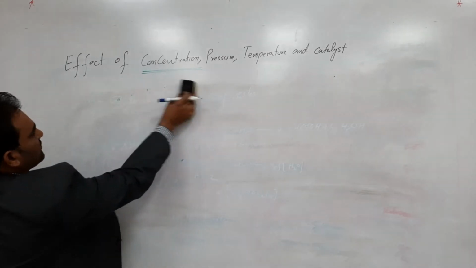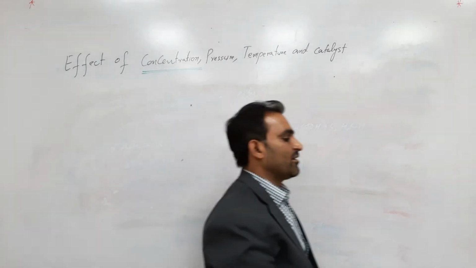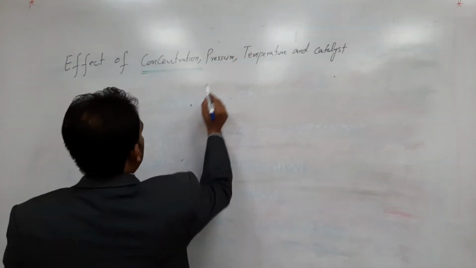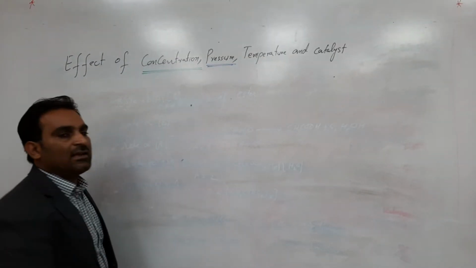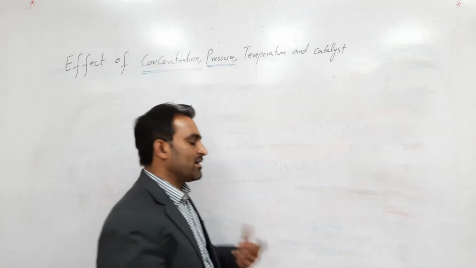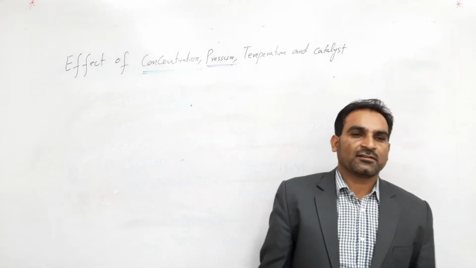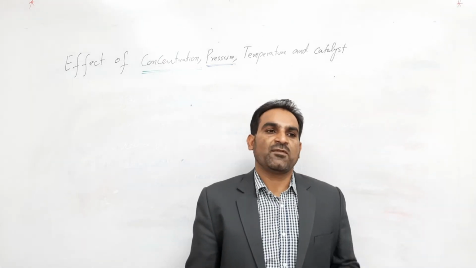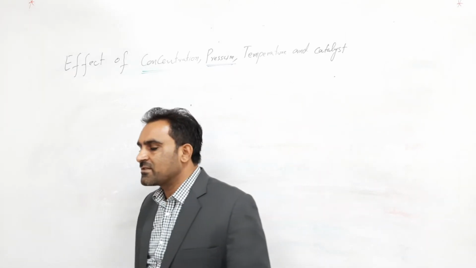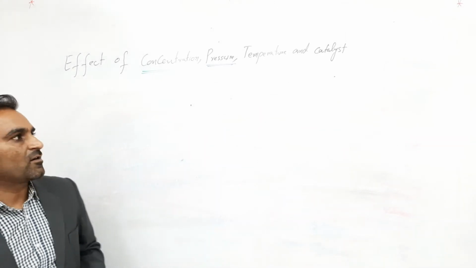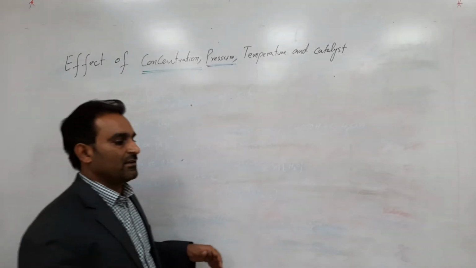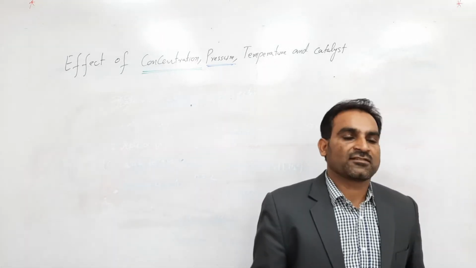So the rate of reaction generally increases with the concentration of reactant. Similarly, if you are dealing with a gaseous system, pressure has the same effect as concentration, because in a gaseous system we usually measure the change of concentration by considering the pressure of that gas.